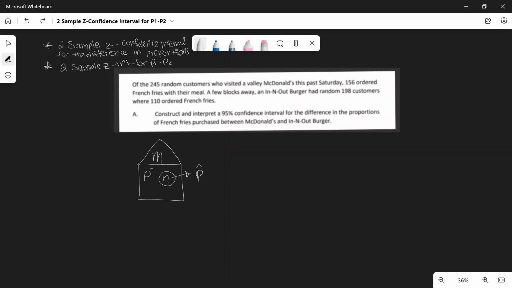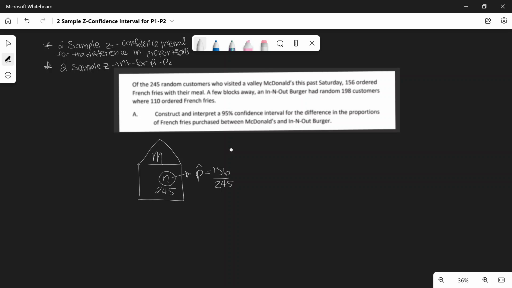So because we can't calculate P, we instead take a small sample n, and we calculate an estimate of the actual proportion of those who ordered French fries with their meal. In this case, we took a random sample of 245 customers, and the point estimate was 156 out of 245, right?